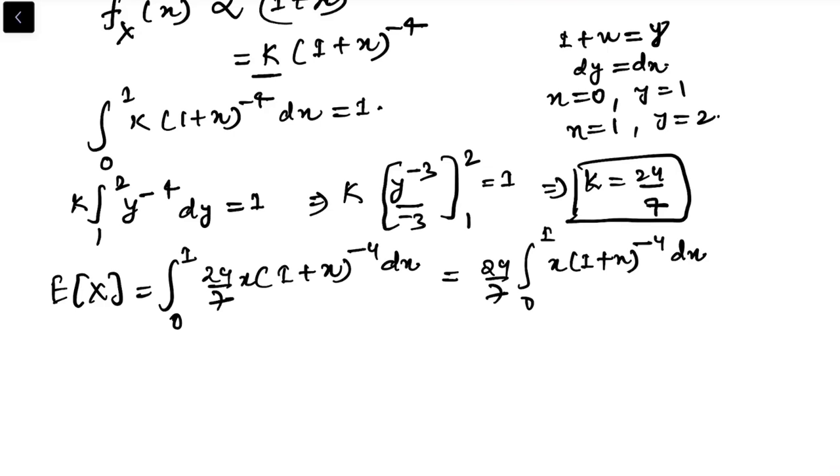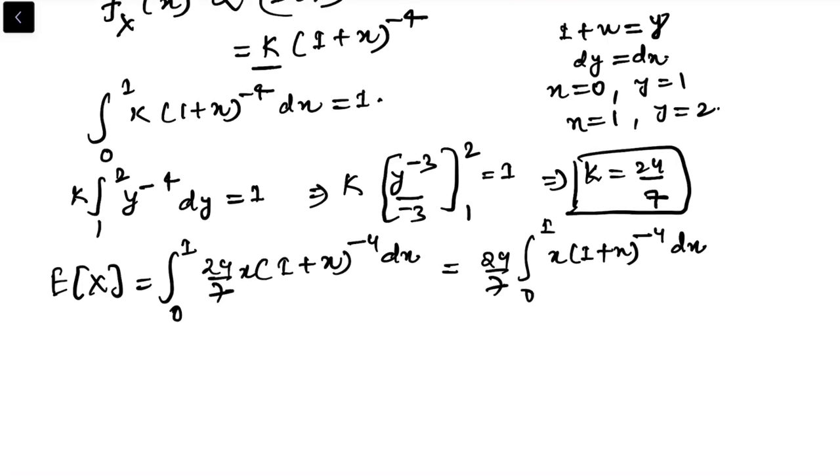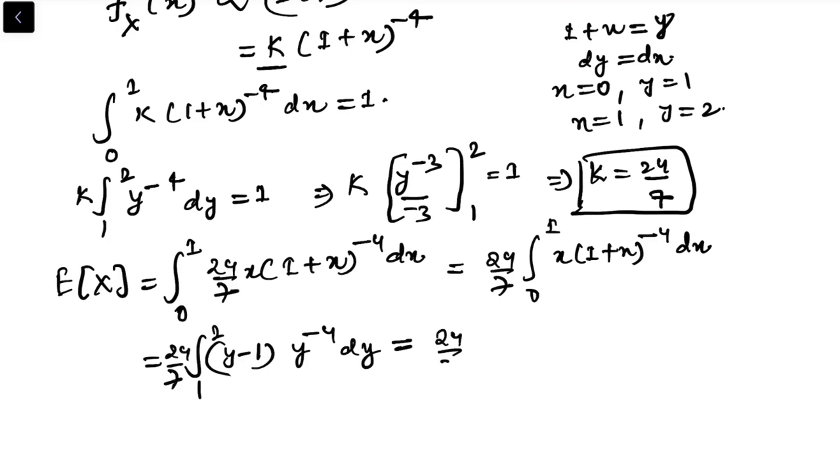Again, here we need to use the substitution. So the range will be 1 to 2, and x will be substituted with y minus 1, right? And (1 + x) is y to the power minus 4 dy. And we have 24 over 7 outside.